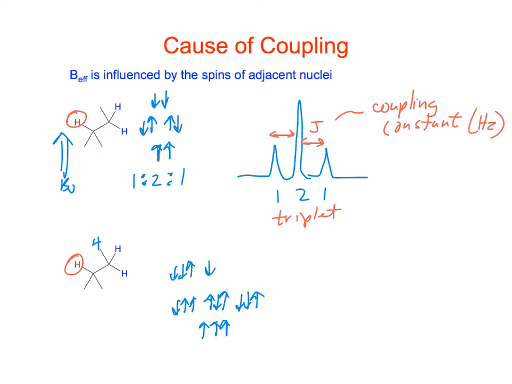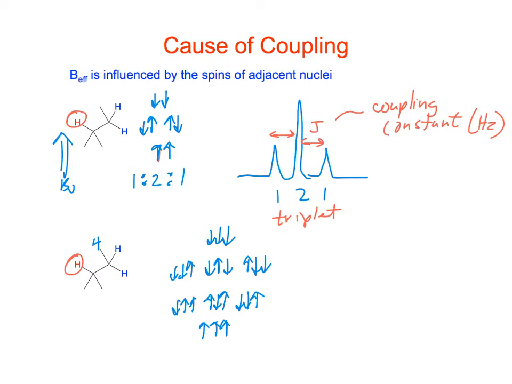Okay, or this, like this, like this, or like this, and this, and this, or all three opposed. I'm doing the same thing again. Like this, right? And these are in a 1 to 3 to 3 to 1 ratio.